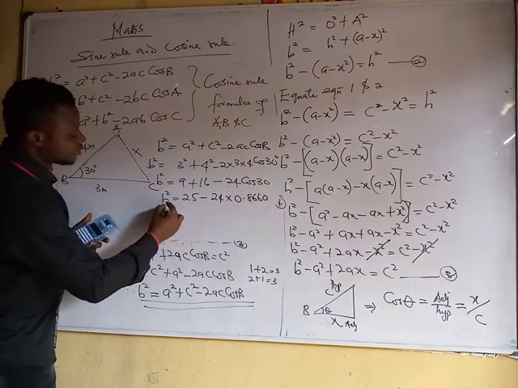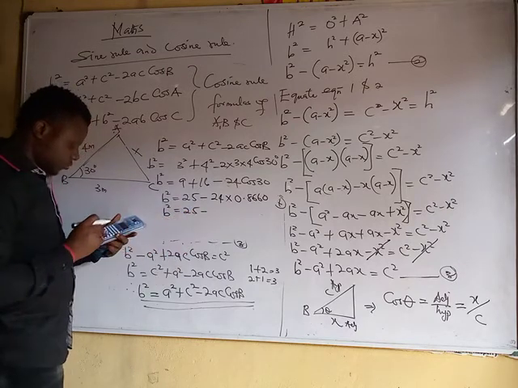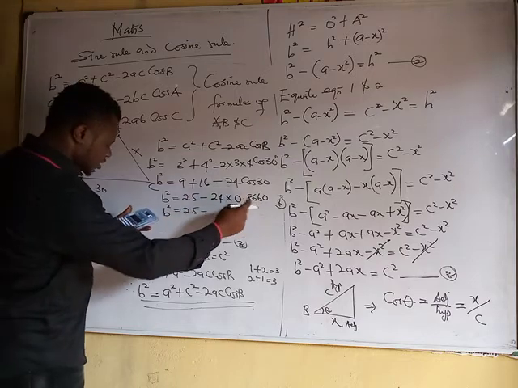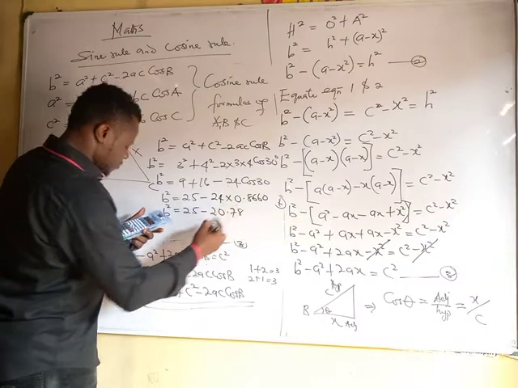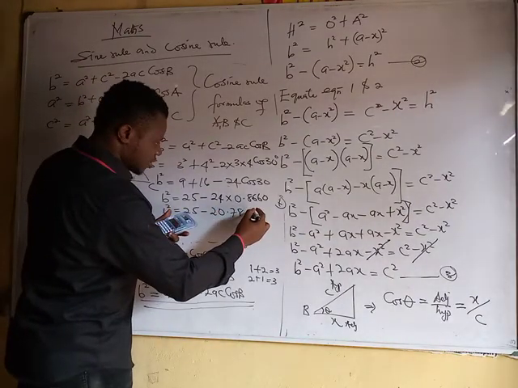So in this case, b square is equal to 25 minus 24 times this, which gives us 20.7846.